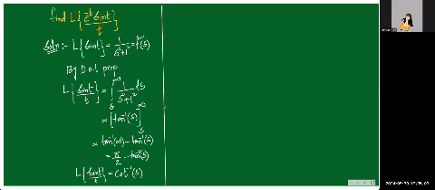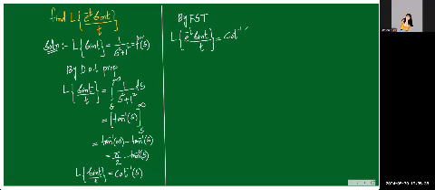Now finally, applying the first shifting theorem, Laplace of e power minus t sin t divided by t is equal to, where is the change?